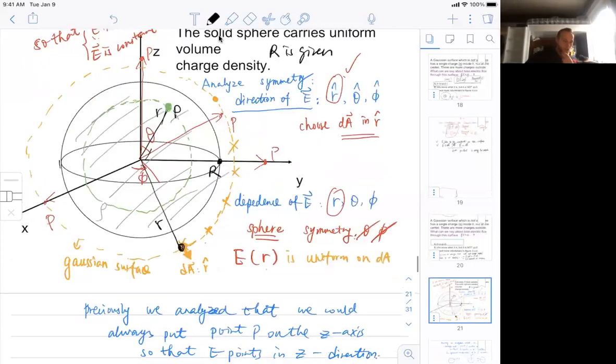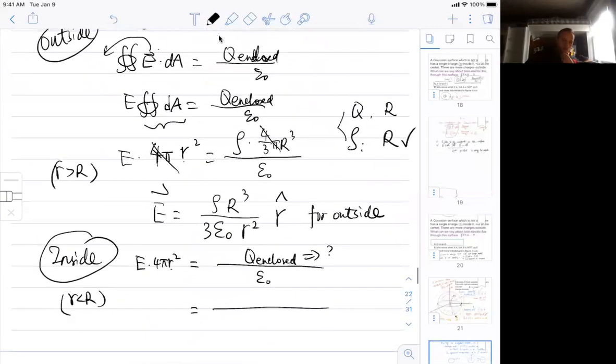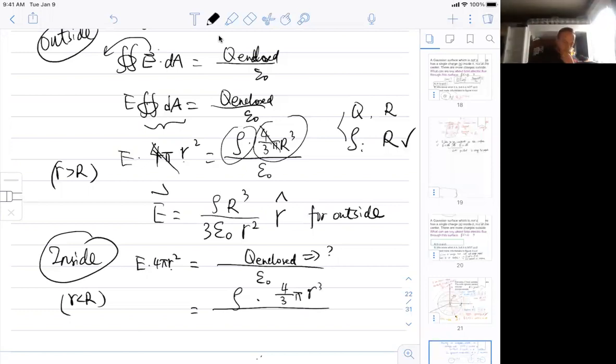So again, charge enclosed is exactly the same as before. Density times volume. So the volume now is 4/3 pi what cubed? Little r cubed. You're enclosing only a little r. The other part is outside of your Gaussian surface. You are not enclosing it. So that would be our answer.